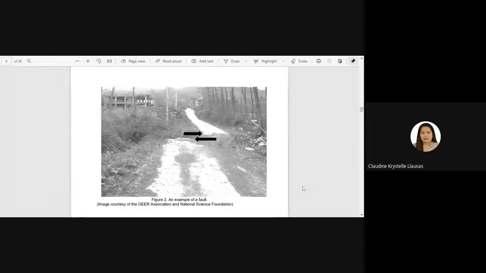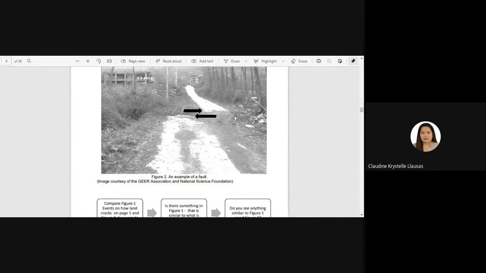Pag human sa linog, tanawa, unsay nahitabo sa dalan na bungkag siya, di ba? That used to be a long straight road. But after the earthquake, nabungkag siya. Then these two roads are already in different directions. Okay? Natipak siya.